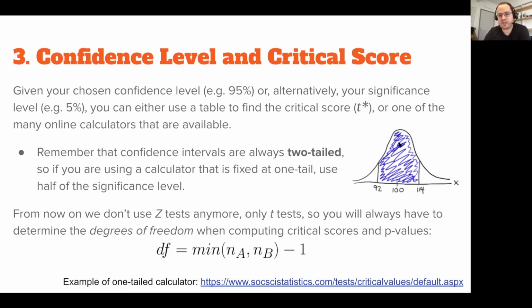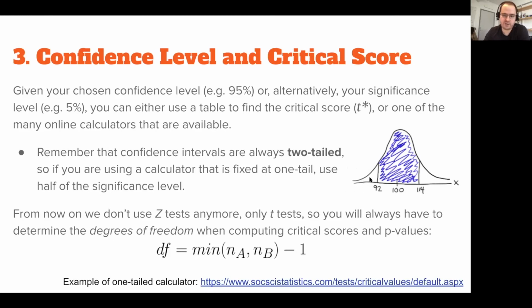So actually, if you say that this is 95, then there's 2.5% here and 2.5% here. And that's why I say that if you're using a calculator fixed at one tail, you should use half of the significance level, because if you're computing it one-tailed, then only the first tail here matters, let's say.